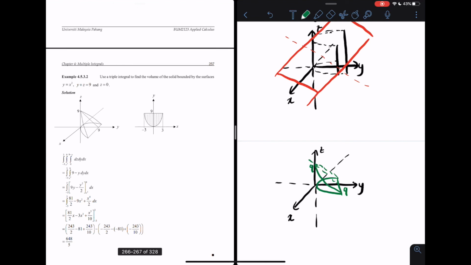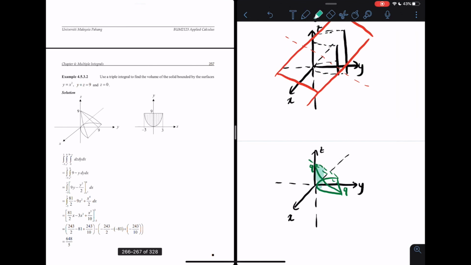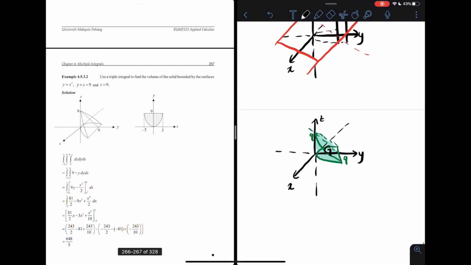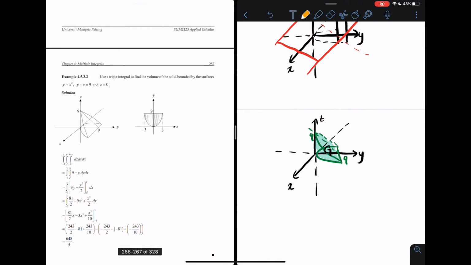Okay, so this is your solid G. Okay, so this is the arrow to determine the limits with respect to variable z.